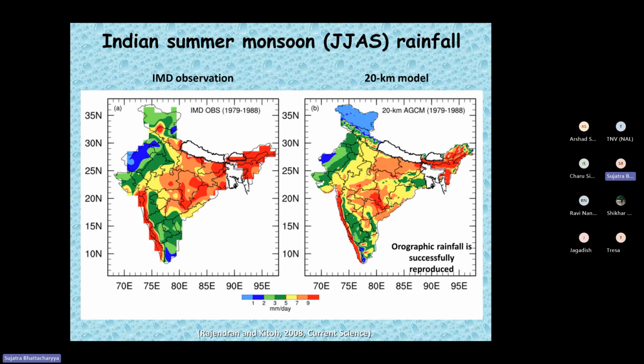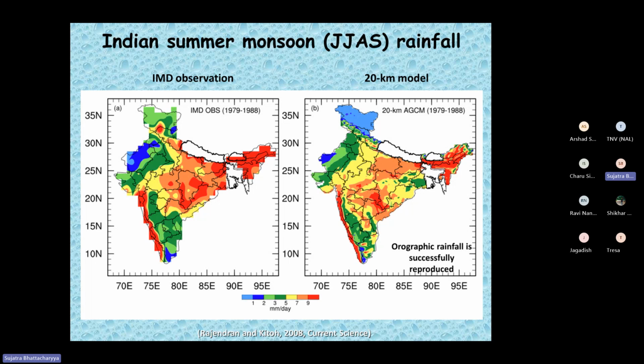What impressed me at that time, in this paper published in Current Science in 2008, which you can download, is that the spatial pattern of rainfall over land in the model is very close to the observed, except Kashmir. Kashmir is always very different because it's closer to mid-latitude. About 20 years ago, when most models had difficulty getting the Indian monsoon right, this MRI model got it right.